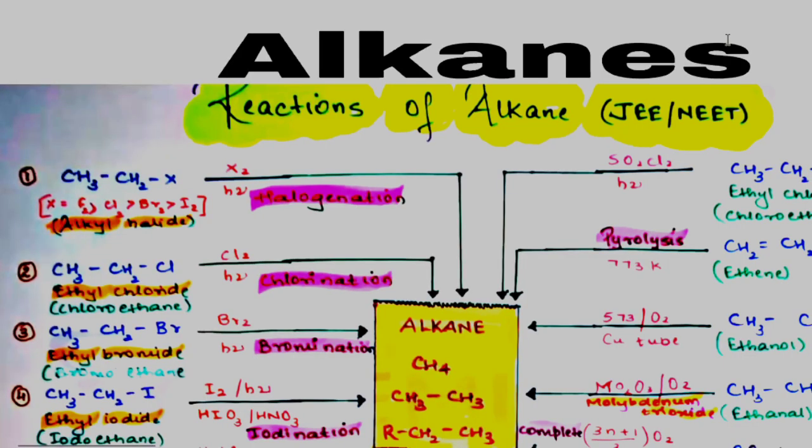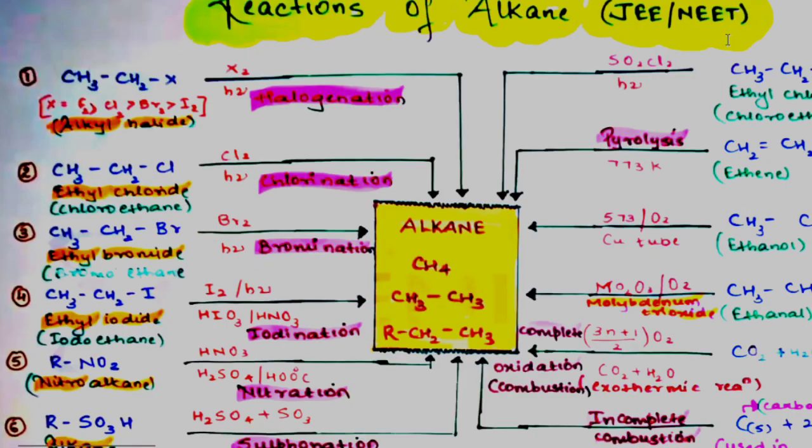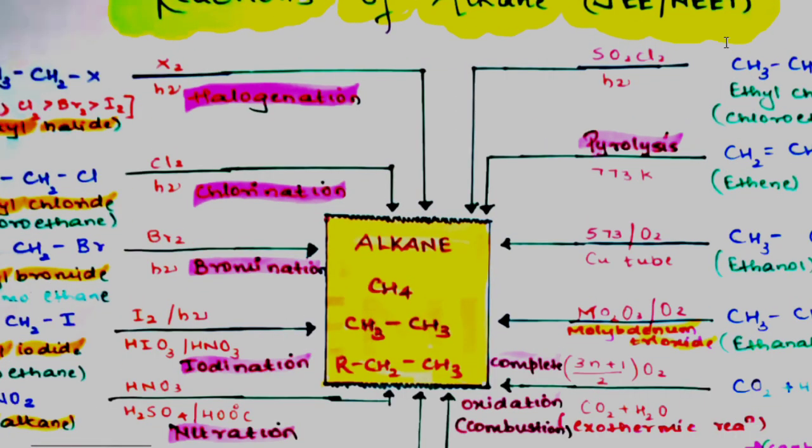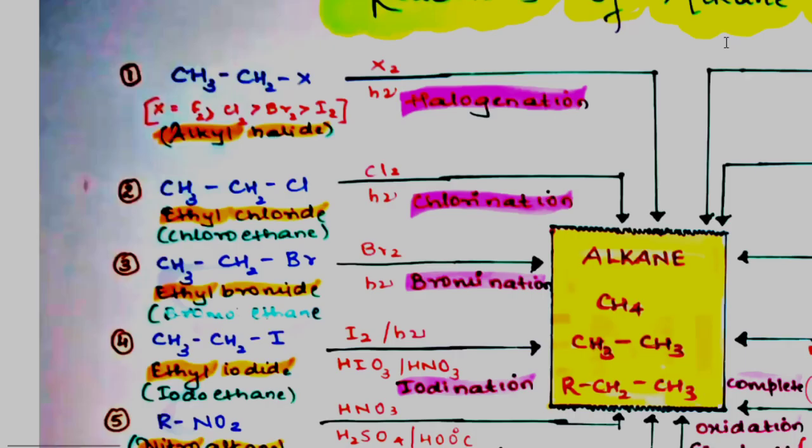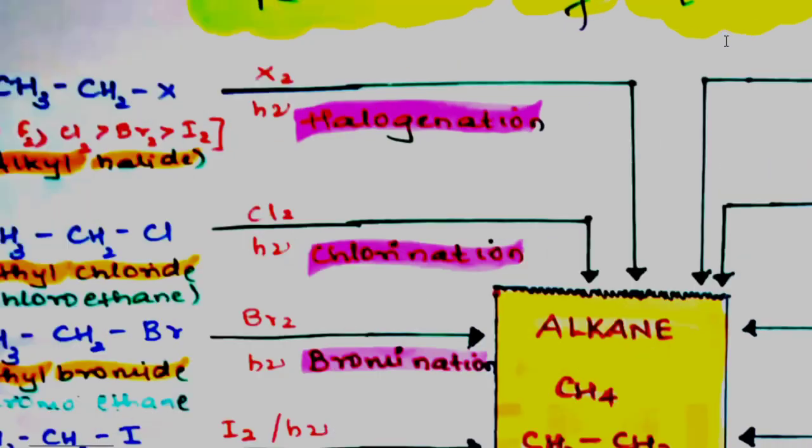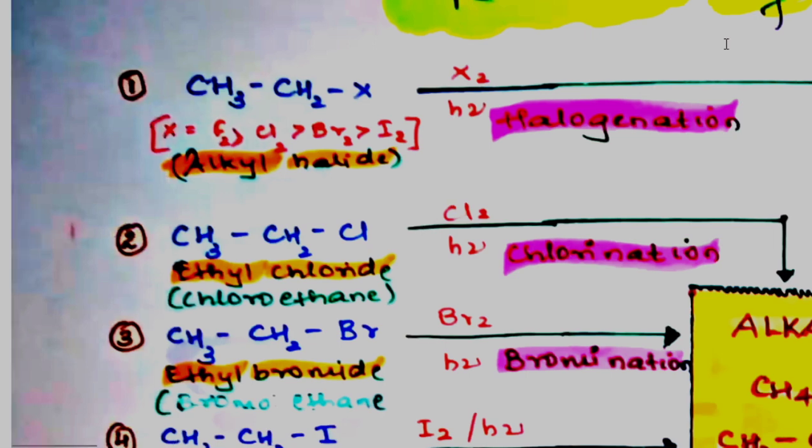Topic is reactions of alkanes. So let us try to understand the reactions of alkanes in detail. The first one is halogenation. Halogenation is nothing but reaction with halogen. Remember, alkanes undergo substitution reactions. In this case, substitution of halogen takes place.